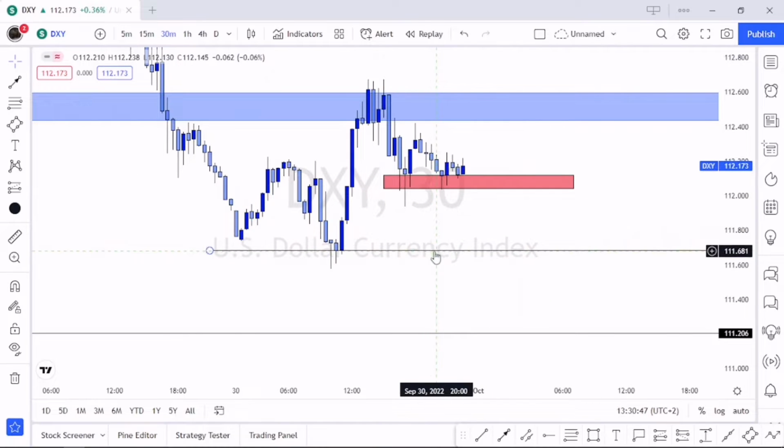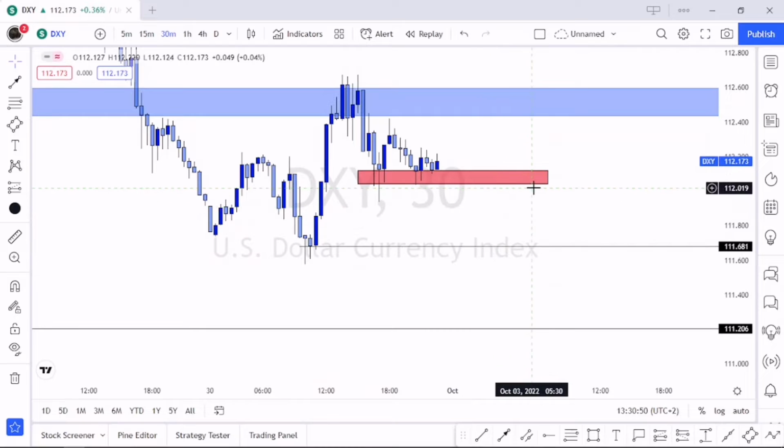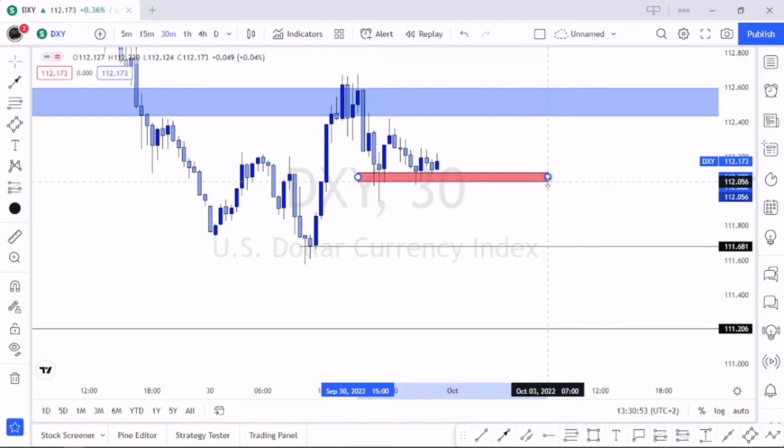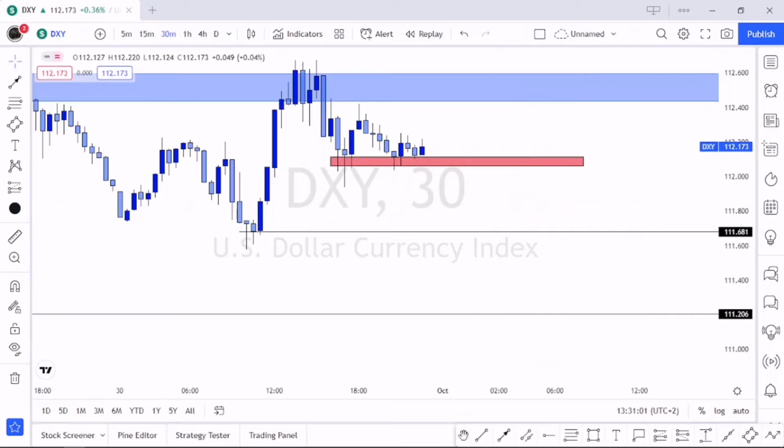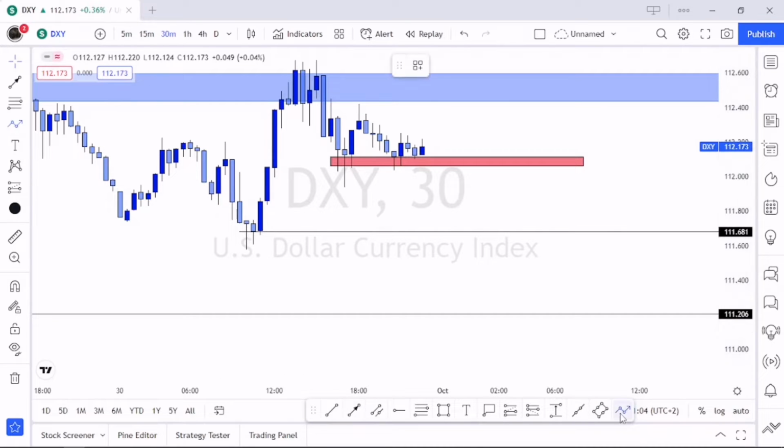So what we want to see happen here, going into the new week, is the dollar weakening, right? What I'd anticipate is for the market to continue pushing bearish, break this key level retest or mini support, whatever you want to call it, back down, and then we'd be looking to target these lows. And if we do break below, of course we target this low right here.